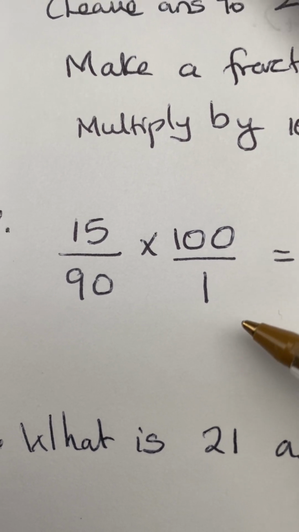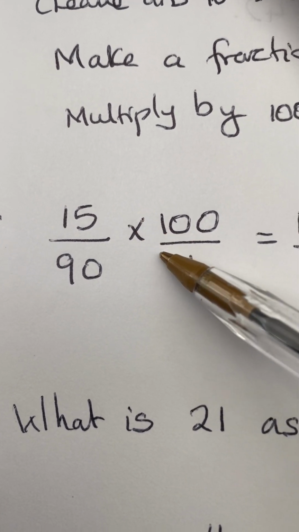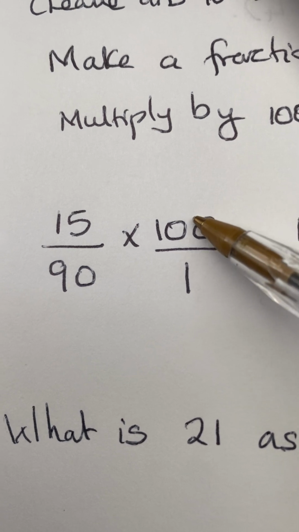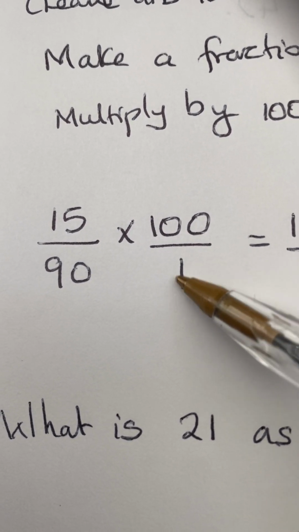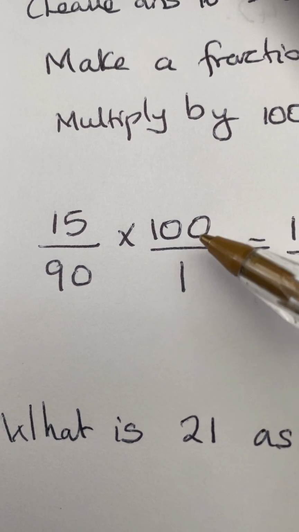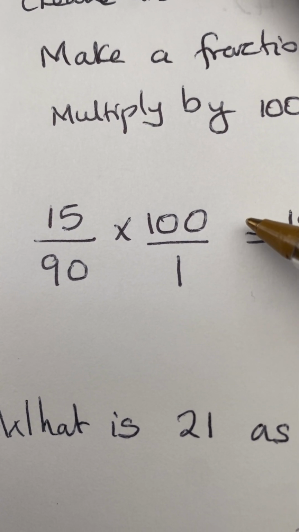Now we have the fraction part first, then we multiply by 100. Now to make 100 look like a fraction, we just divide it by 1. We've seen this several times. Any number divided by 1 is the same number.